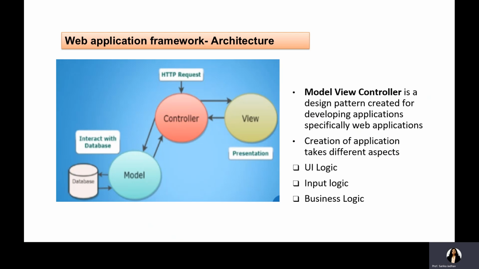So here the UI logic deals with the view, or front end of the application, where it provides the user interface, and the input logic deals with the controller, as shown in the diagram. Lastly, the business logic deals with the model of an application. But there is loose coupling between these aspects, or we can say elements.